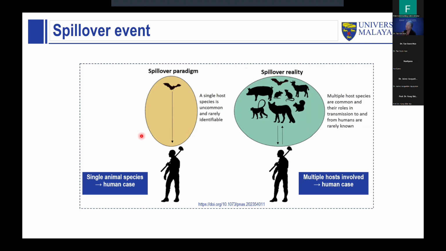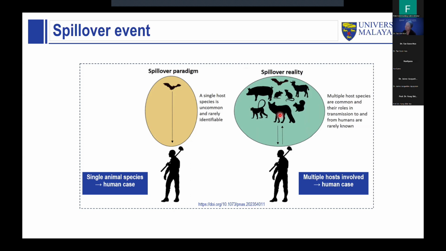Even though you usually can't really identify the host, once we are able to identify the hosts, we will be able to trace and study the spillover event easily.